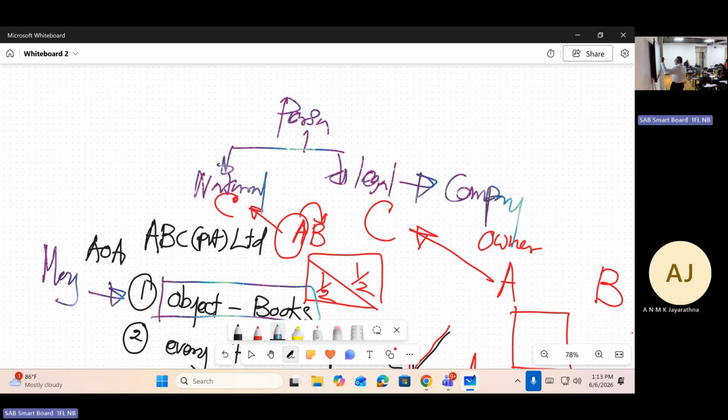Minors cannot engage into contracts. Who is a minor? Below 18 years. What else?